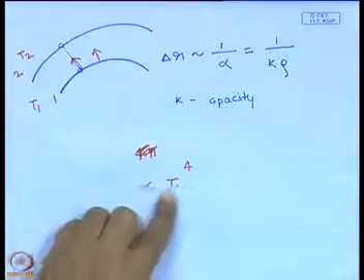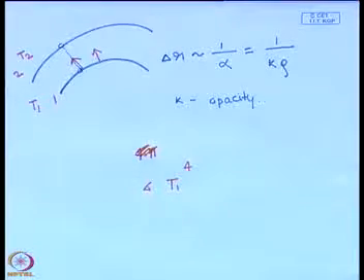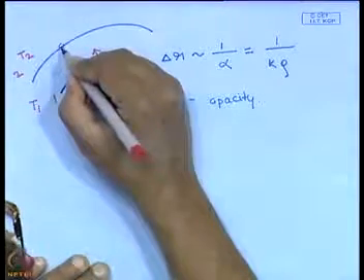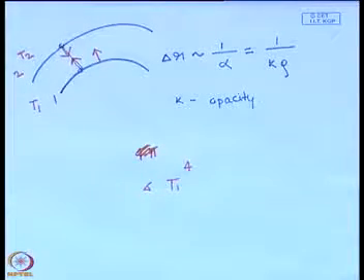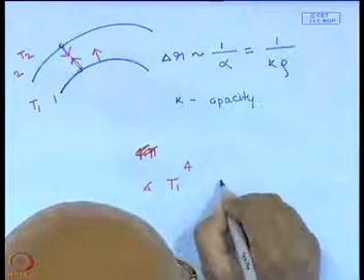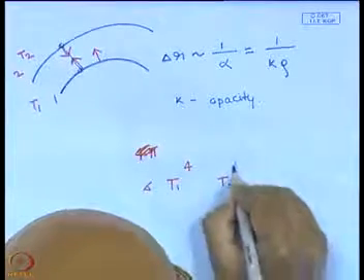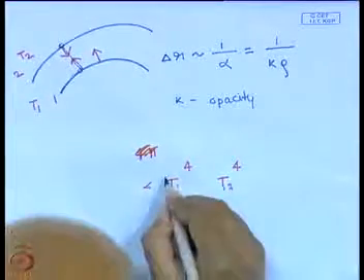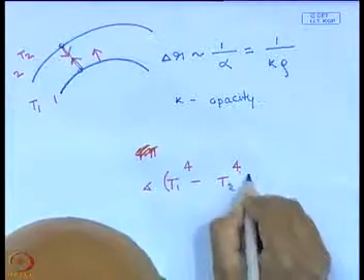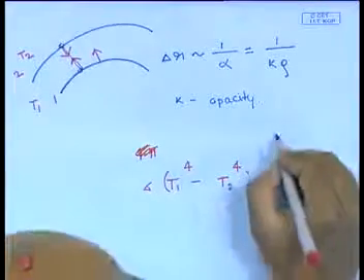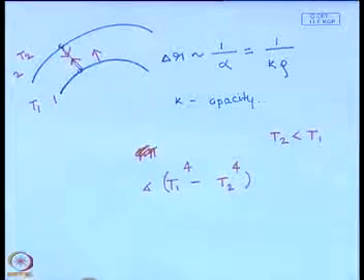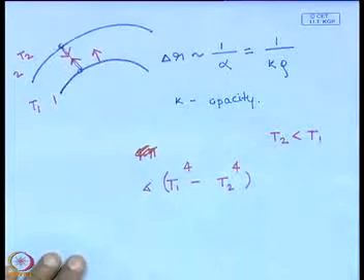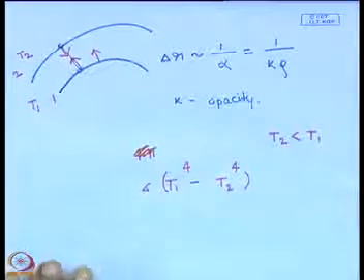The energy flux which is incident in this direction from the upper surface is going to be sigma T2 to the power 4, right. So, the difference of these two, where T2 is less than T1, we know this, as you go out the temperature goes down, gives me the net outward flux.